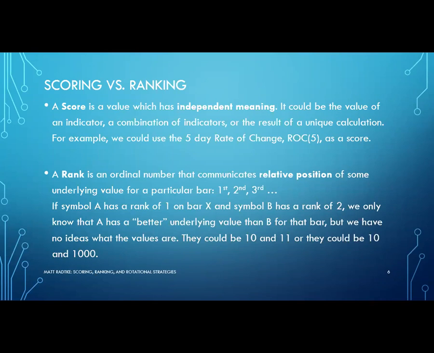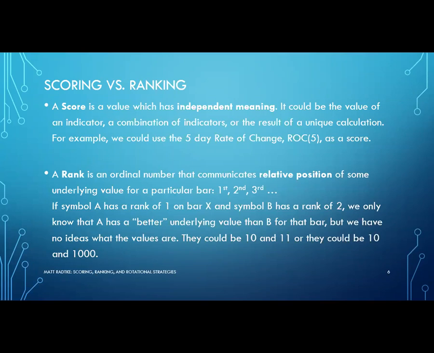So in other words, if we all take a math test and Dave gets a 98 and I get a 93, 98 is Dave's score and 93 is my score. It doesn't tell us anything about where we ranked in the class. It just tells us how many things we got correct versus how many things we got incorrect on our math test. In the world of trading, a score could be the value of an indicator.